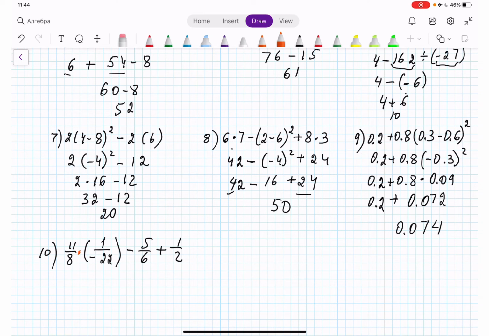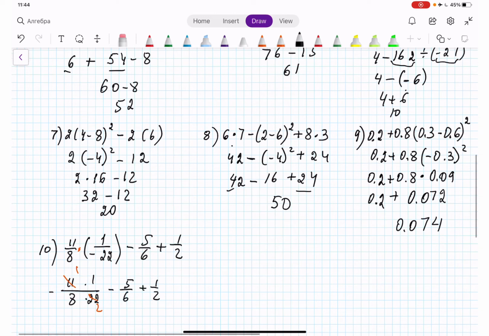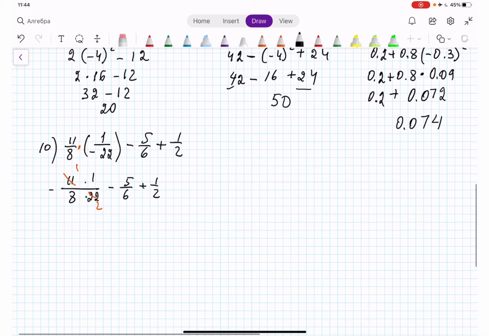So it's going to be first operation 11 over 8 times negative 22, here is 1. This is going to be 1, this is going to be 2, minus 5 over 6 plus 1/2. Okay, and this is going to be equal to negative 1 over 16, right?